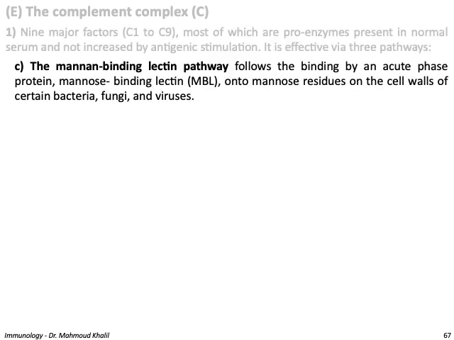For the third pathway, it is the mannan binding lectin pathway. It follows the binding of an acute phase protein, the mannose binding lectin MBL, onto a mannose residue on the cell wall of certain bacteria, fungi, and viruses.